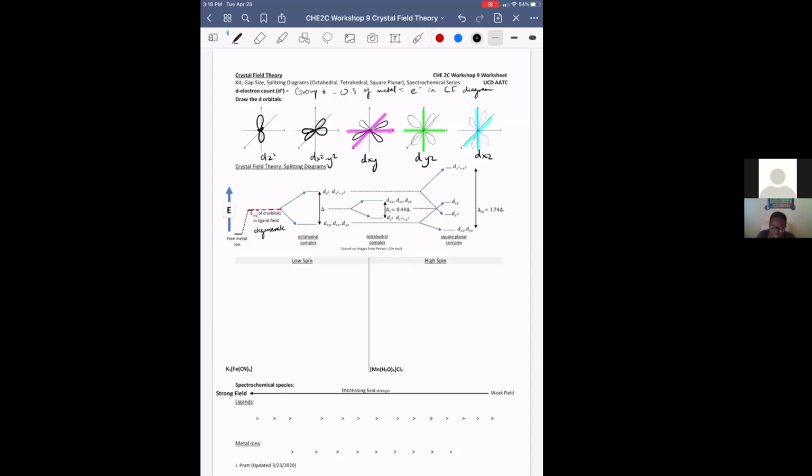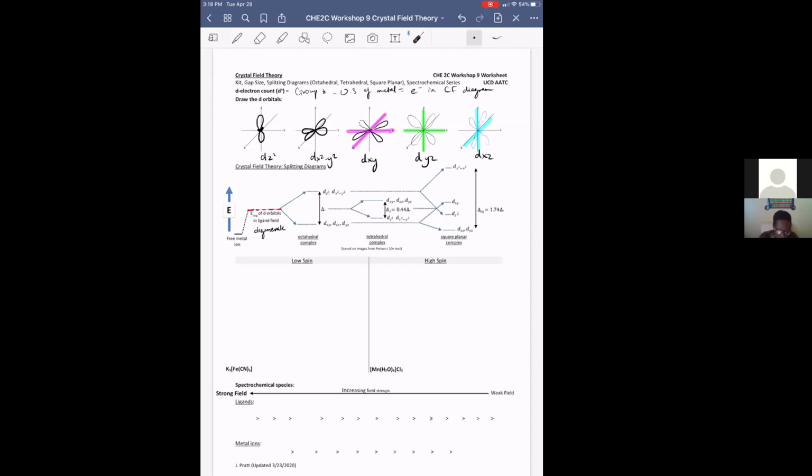Right, so they have degenerate energy levels, and this is if there is nothing impacting our d orbitals, right? No ligands impacting the d orbitals of our transition metals, that is what we would expect our d orbital energy level to look like. However, when we do have ligands present surrounding a metal center, we're actually going to get a change in those energy levels.